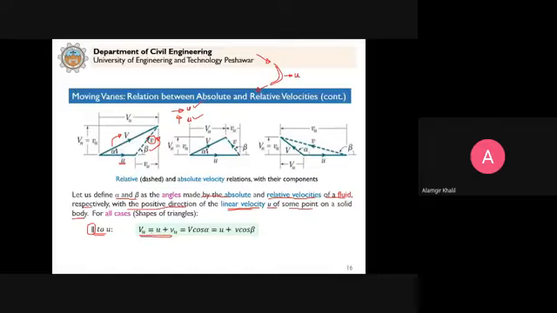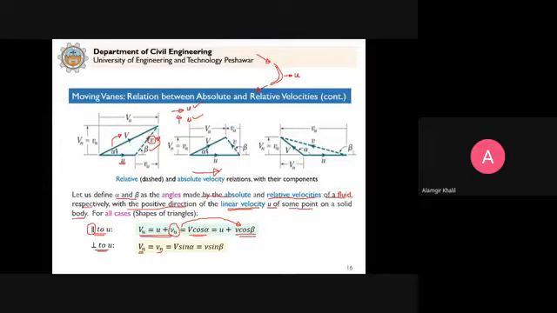Since they make angles, Vu will be equal to V cos alpha, and this Vu will be equal to V relative cos beta. And because u is linear, it will remain as u. And perpendicular to u, we have the normal component Vn.